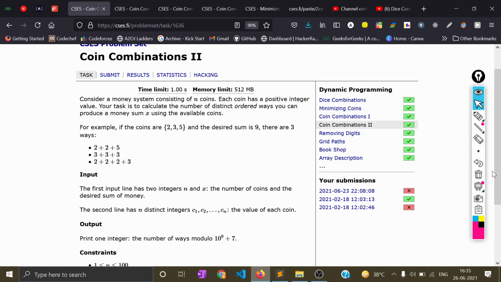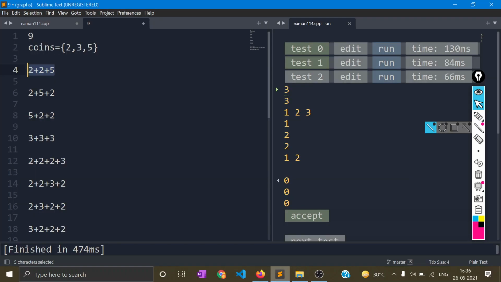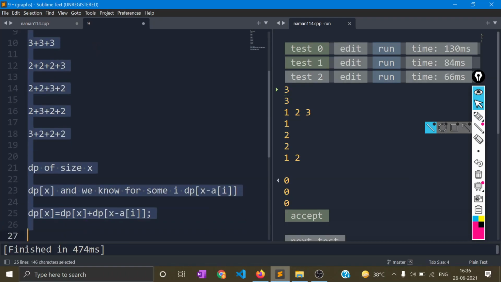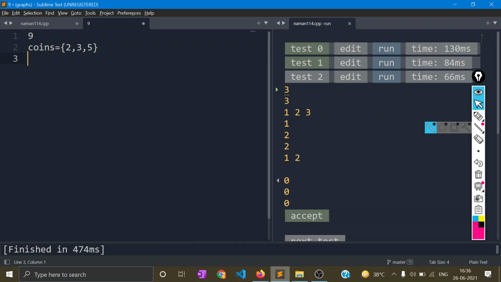This is not that straightforward, but let's see. The idea would remain the same. I would construct a DP array, and dp[x] would be the number of ordered ways for x, and my recurrence relation would be the same.